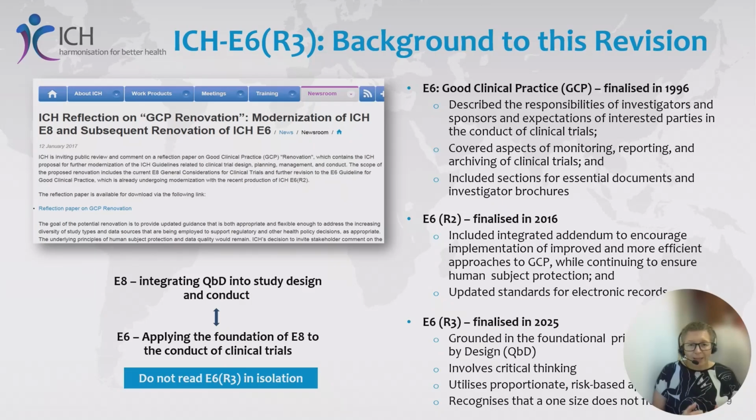So it's really telling you to think about what is your research question and then collect appropriate data. And you'll notice that throughout it talks about a proportionate risk-based approach. It's really recognising that one size doesn't fit all for a clinical trial because all clinical trials are different.